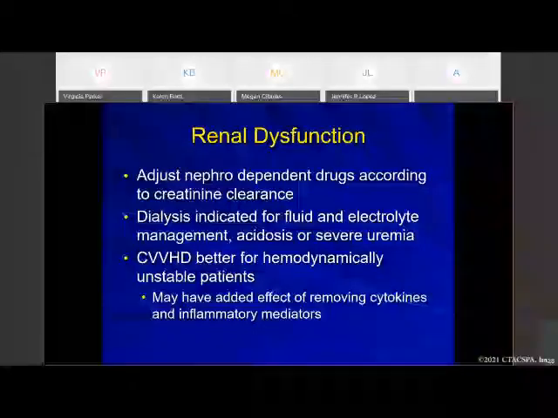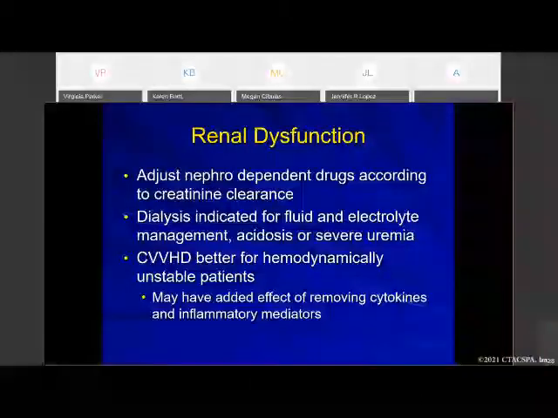Dialysis is indicated for these reasons. Only if you have trouble with fluid management, someone's getting way fluid overloaded, it's affecting their oxygenation, and they need urgent dialysis. Electrolyte abnormalities, mainly potassium. If they're hyperkalemic, that was also on the Twist recently.